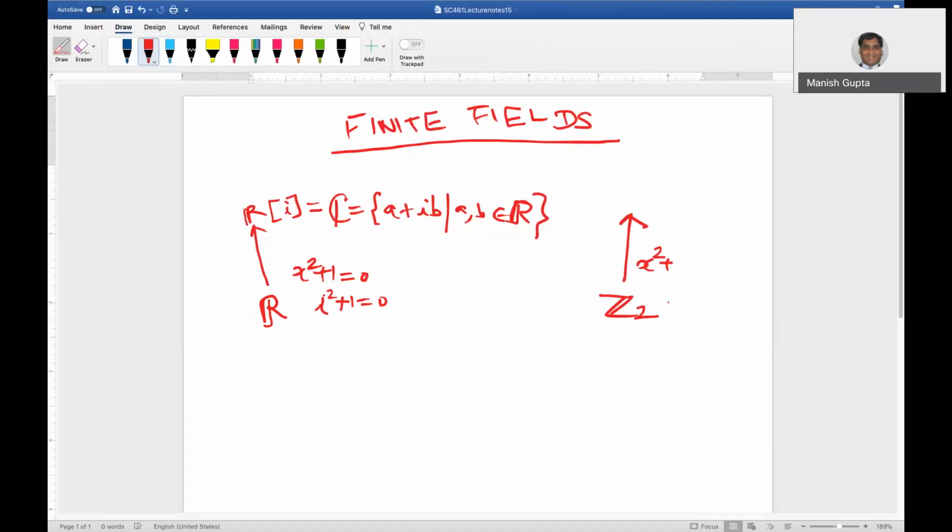And we take the equation x square plus x plus 1 is equal to 0. Attach the root alpha. So suppose alpha is the root of this equation. And we get a field with 4 elements: a plus alpha b, such that a, b are in Z2.